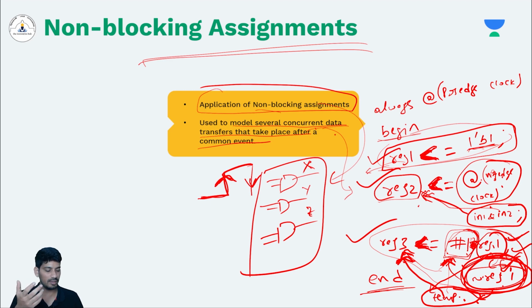If you don't specify any delay, it will store the data immediately. Since you have specified some delay, it will wait for that amount and then place the data that is already present inside the temporary variable into the left hand side variable. So this is a very, very important thing of the non-blocking assignment.